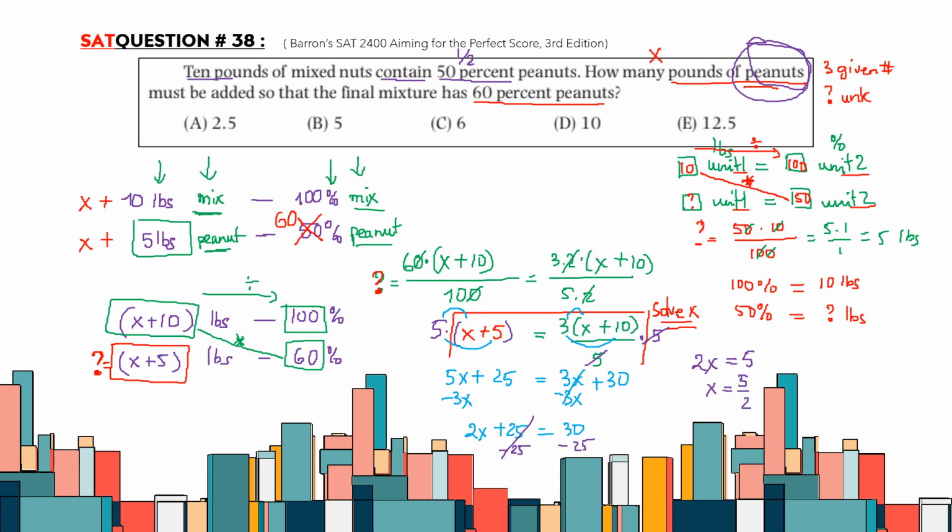We divide 2X by 2 and divide 5 by 2, dividing both sides by 2. So X equals 5 over 2, which in decimal is 2.5. X is in pounds, because X pounds of peanuts will be added. So A is the correct answer.